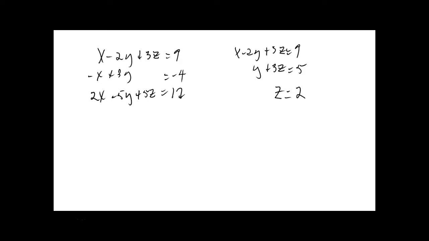And here's why. Notice what happens if you add these two equations together. That gives you 0. This gives you y. That gives you 3. That gives you 5.